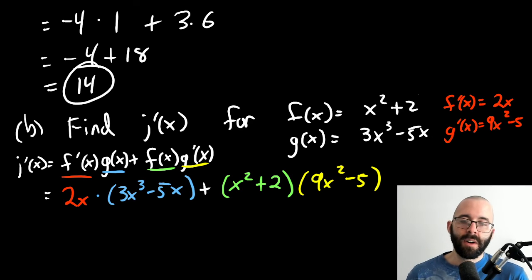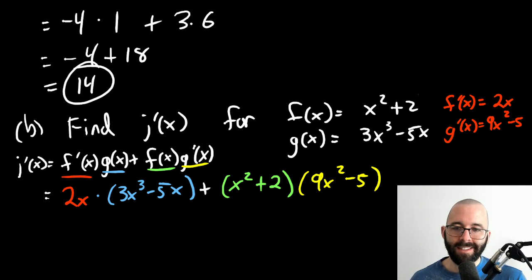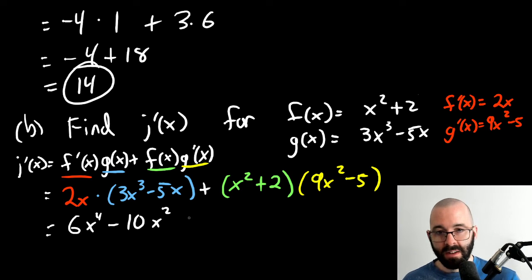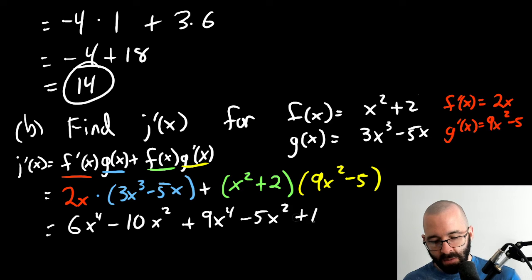And now is the annoying part. Now we have to simplify. So we got to distribute. It's going to give us 6x to the fourth minus 10x squared. And then we have to FOIL for the second one. That's going to give us 9x to the fourth minus 5x squared plus 18x squared minus 10.